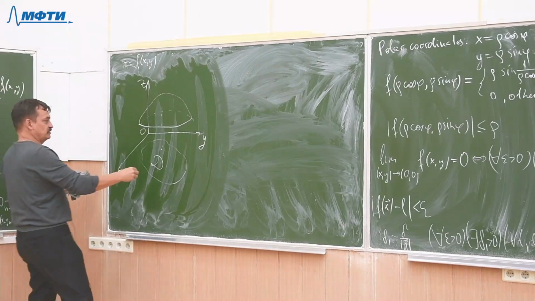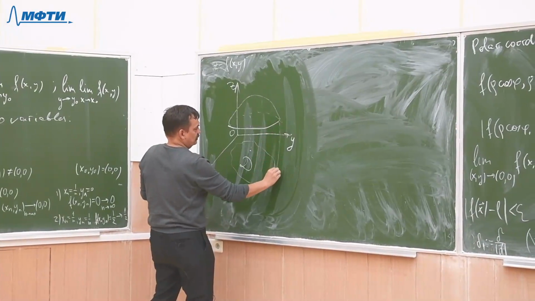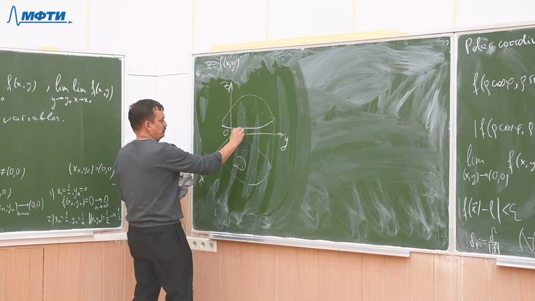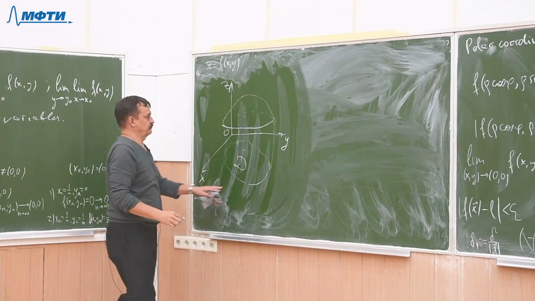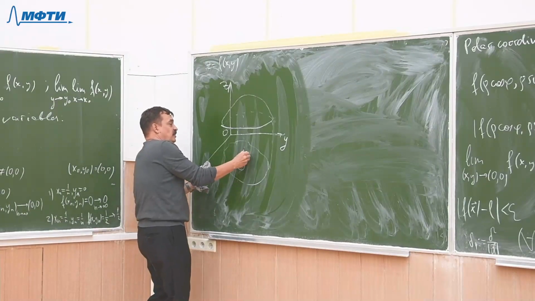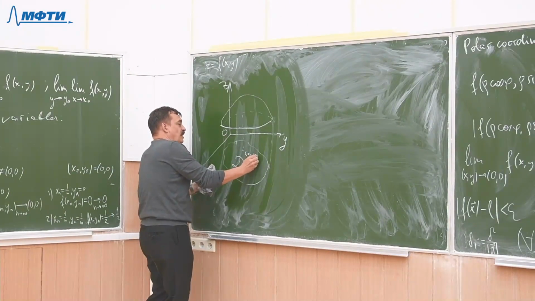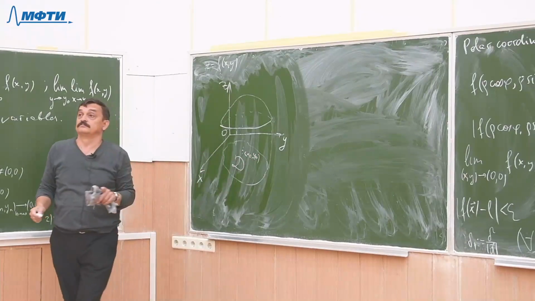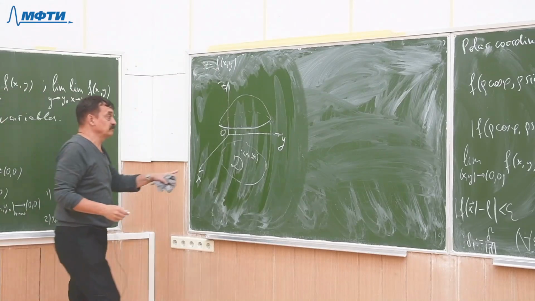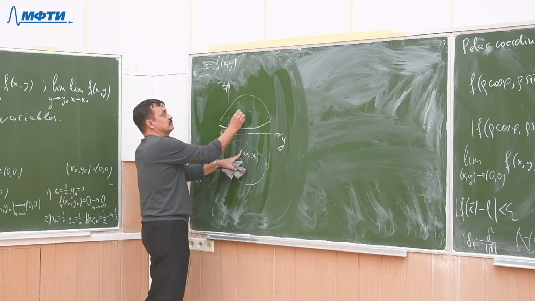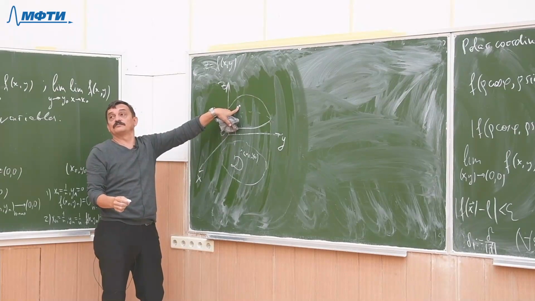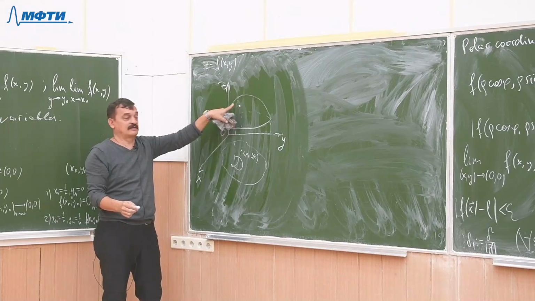So for each point here, in particular, I'm interested in the limit at a point, right? What does it mean? Why is this the limit?